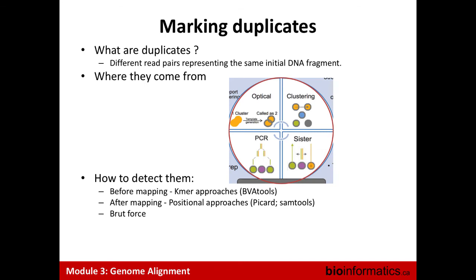Another thing you want to do is to mark your duplicates. As we see, we are facing some duplicates, some read pairs that represent the same initial fragment. This can come from clustering issues. If you have two large clusters in the old Illumina machines, the clusters are not predefined.